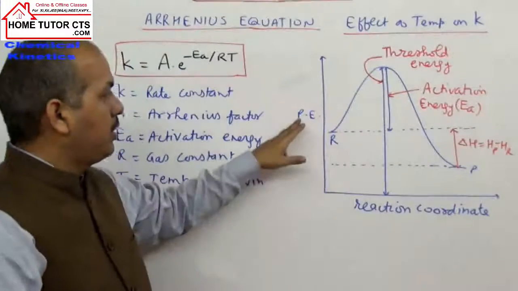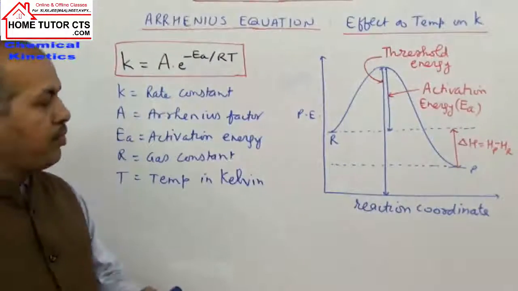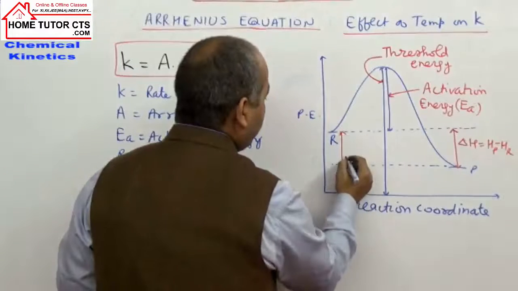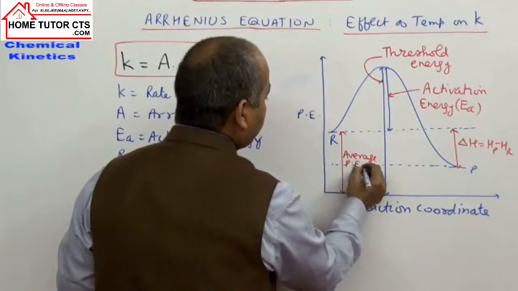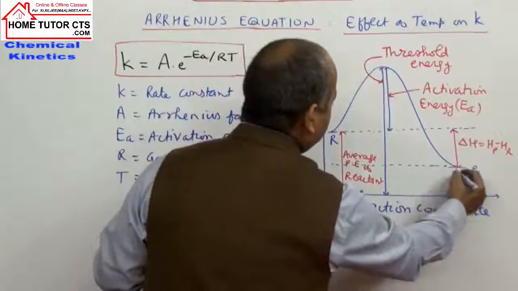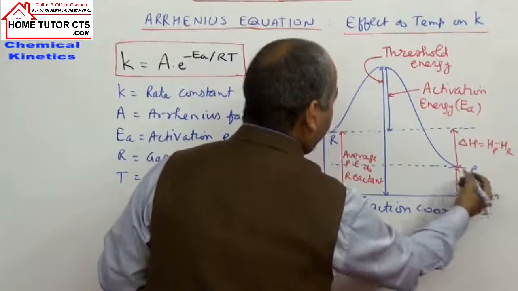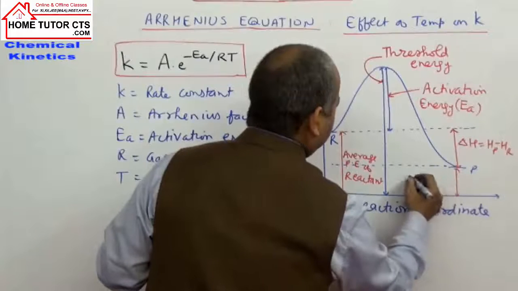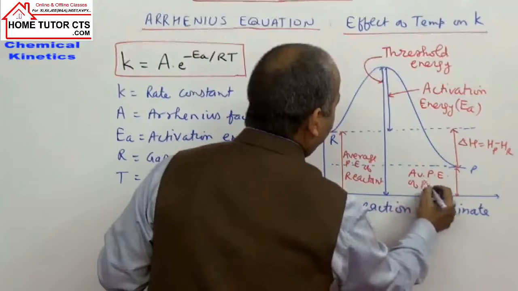The graph is drawn, reactant potential energy versus reaction coordinate. It can be taken as the reactants' average potential energy. It is the average potential energy of products.